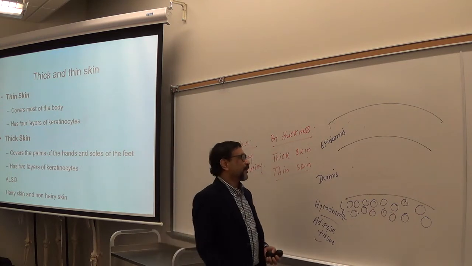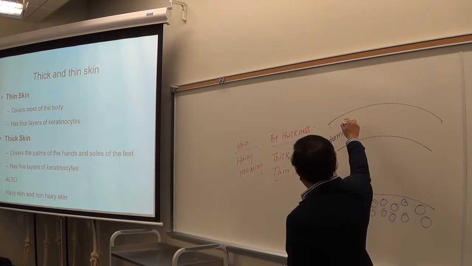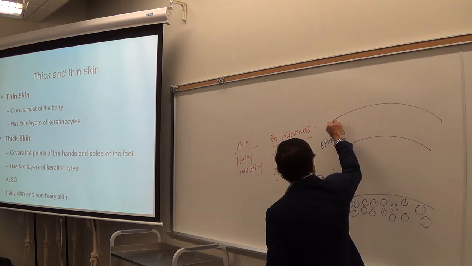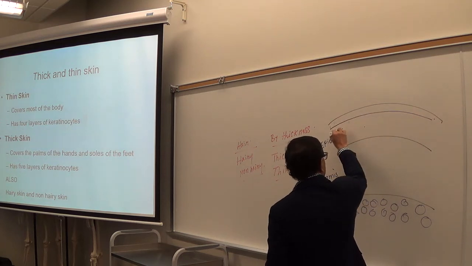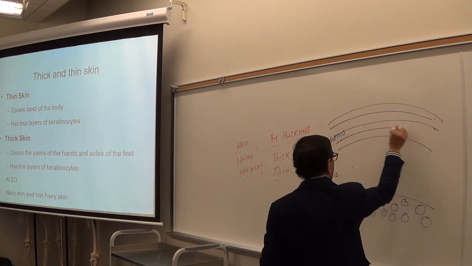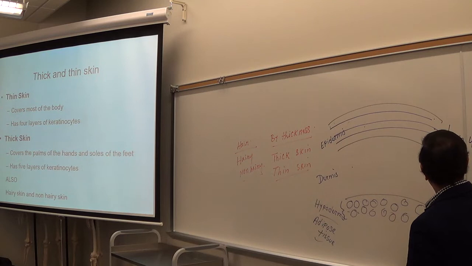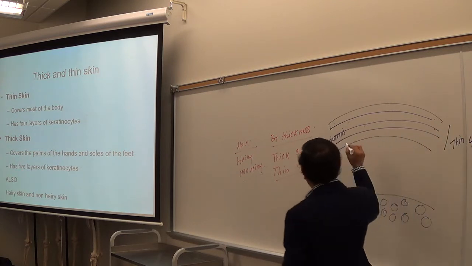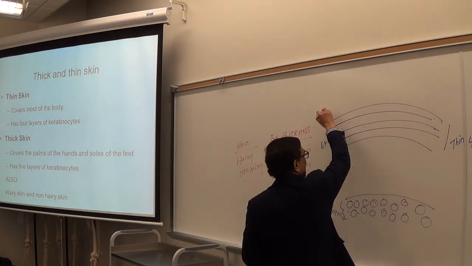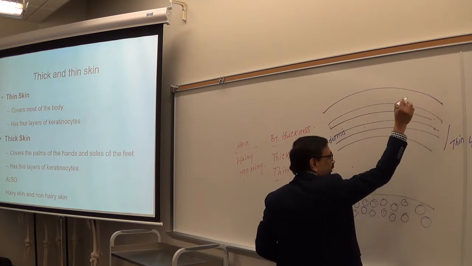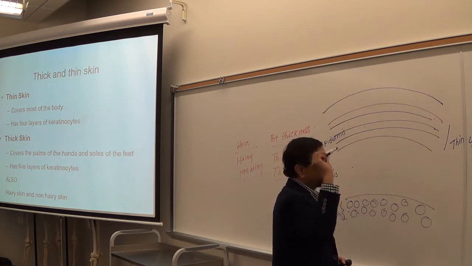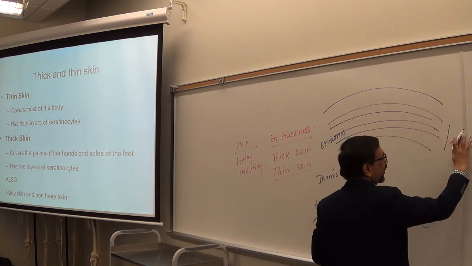Now, if you see a thin skin epidermis, it has 4 layers. In thin skin epidermis, you have 4 layers. In thick skin epidermis, you have an extra layer. That means how many? 5 layers. Okay. So thick skin has 5.